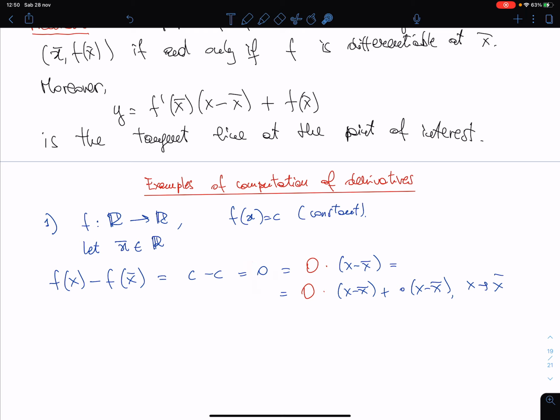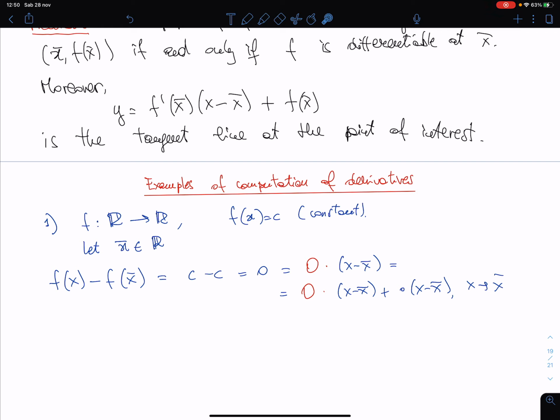But we want to get at the end an expression where there is a part which is proportional to the increment in the independent variable and a little o. So here we have 0 written as 0 times the increment in the x, and here we add an infinitesimal of higher order. Of course, this is another 0, so it is of higher order than everything you can think of. However, this is the writing we wanted.